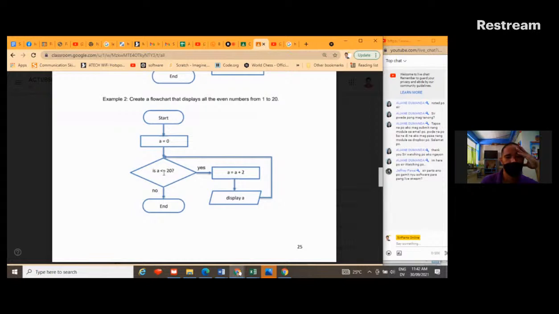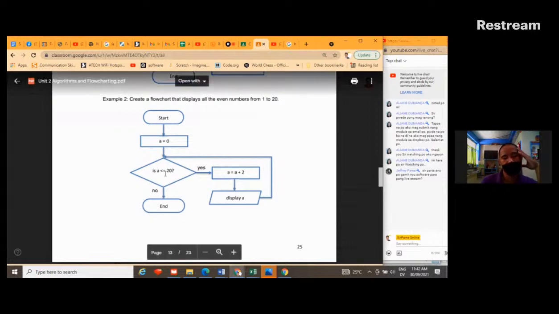So is A less than 20? So that if A is less than 20, let's say for example, we already have 18, right? 18, so 18 plus 2, that's 20. So it will display the 20. And then is A less than 20? 20 less than 20, so it's not less than, so it will go here.